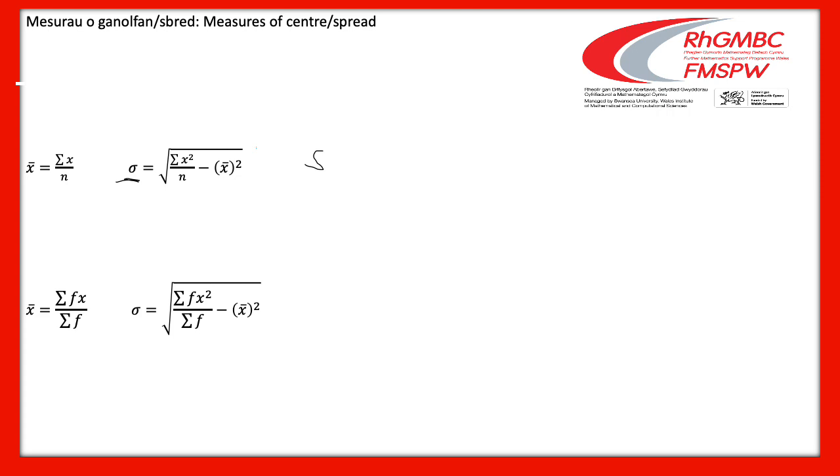Variance is simply S squared or sigma squared, and it's a measure of spread. But the smaller your standard deviation, or the smaller your variance, the more consistent the data is.